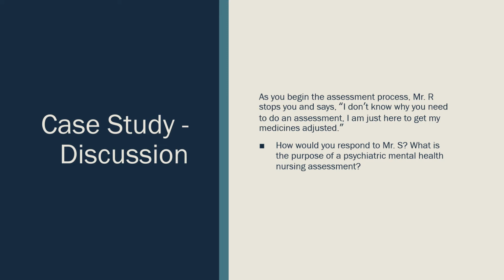We want to assess for any risk factors that might affect the safety of the patient or of others. We want to do that mental status examination that we talked about a couple slides ago. We want to assess psychosocial status, identify any goals for their treatment, and formulate a very individualized plan of care for this patient.